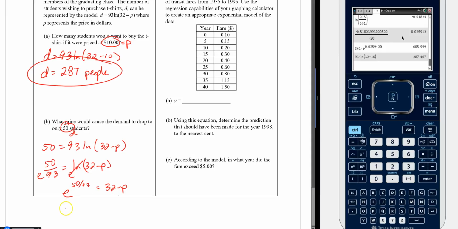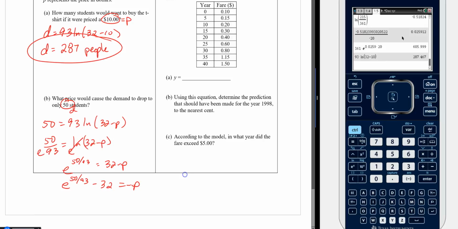Subtract the 32. So e to the 50 over 93 minus 32 equals negative P. So we're going to have to divide both sides by negative 1.